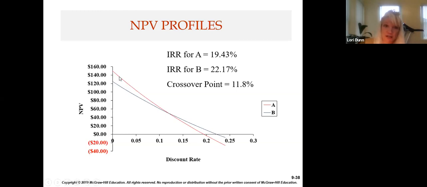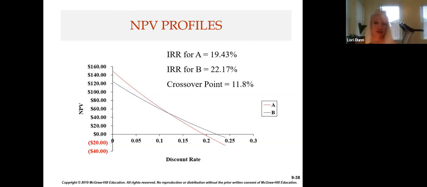You have to plot the net present values by the discount rate for each project, find the crossover, and then decide based on what you want. So if you want a required rate of return of 15%, you should probably select project B because you're going to make more money selecting project B than project A at that interest rate. The net present value is higher.